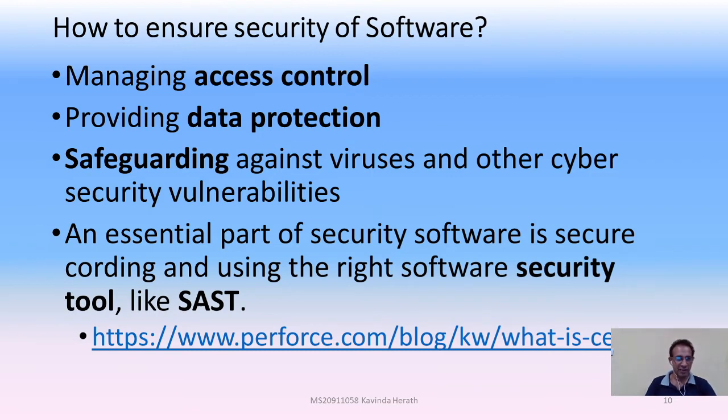An essential part of software security is secure coding and using the right software security tools. Software security tools come into play at this moment, because while doing the software coding, if there are issues or errors, can you capture them with the human brain? No, that is not possible. That is why we use particular tools for this.